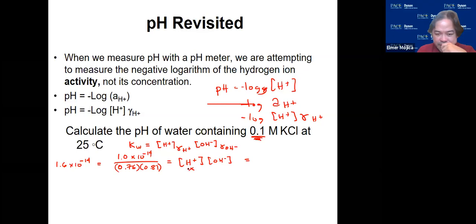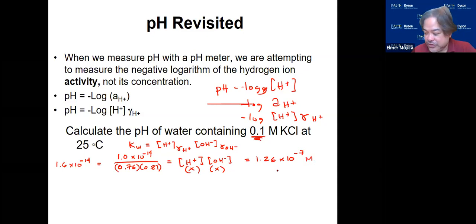So all you need to do now is get the value of this. What's the x? If that's 1.6 times 10 to the negative 14, all you need to do is get the square root of that. So you have here 1.26 times 10 to the negative 7.